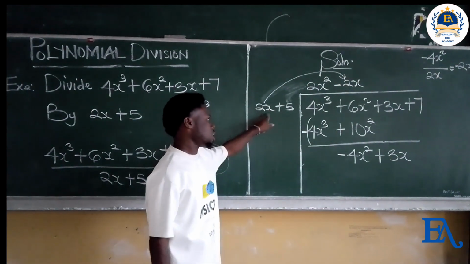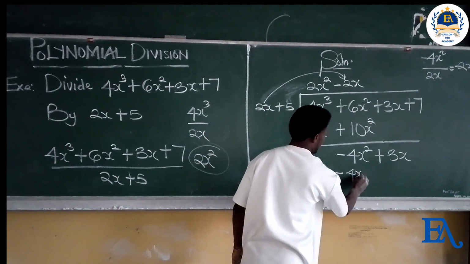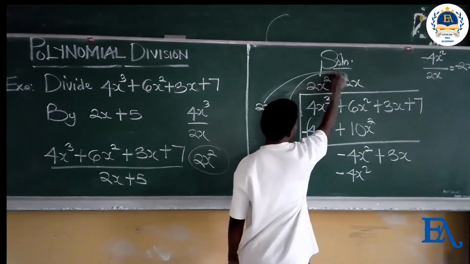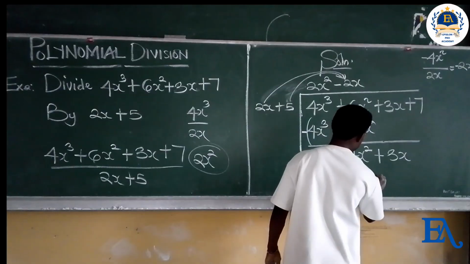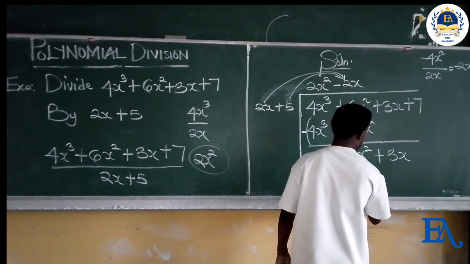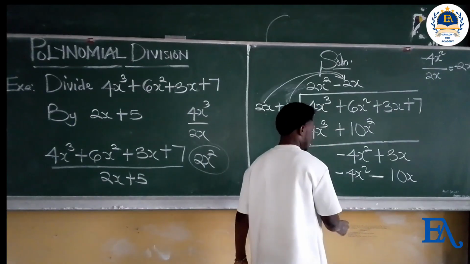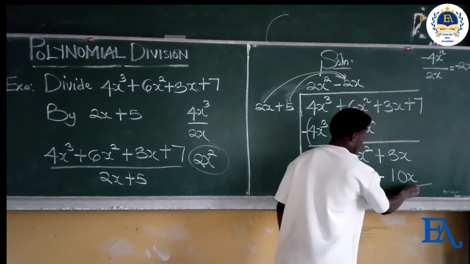Okay, 2x times minus 2x gives minus 4x squared. Again, 5 times minus 2x gives minus 10x.